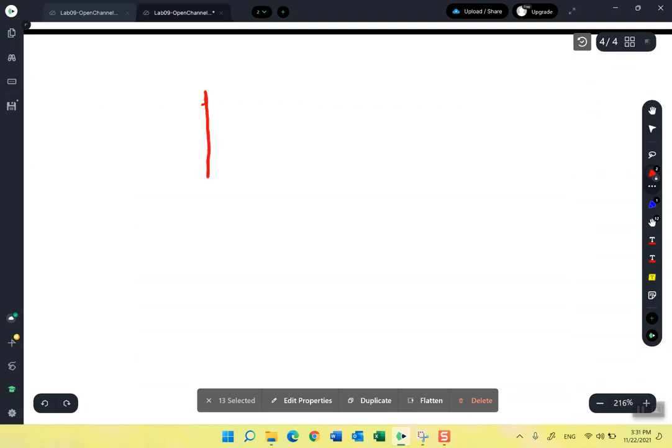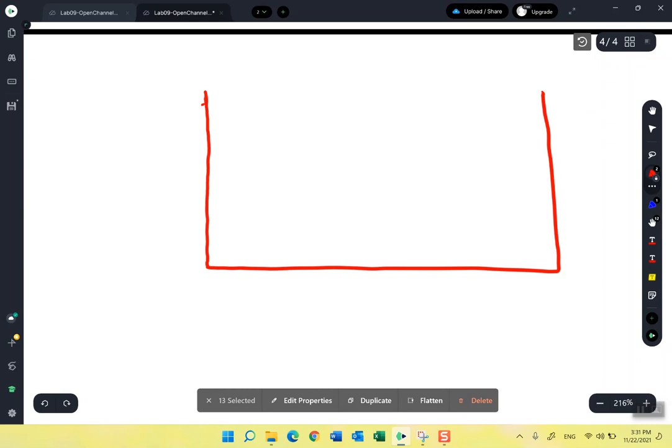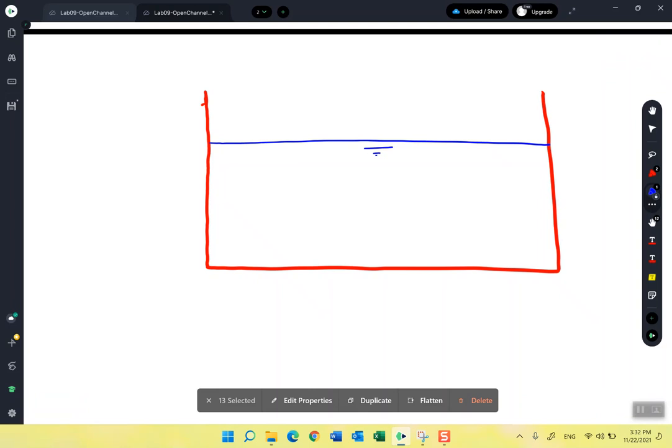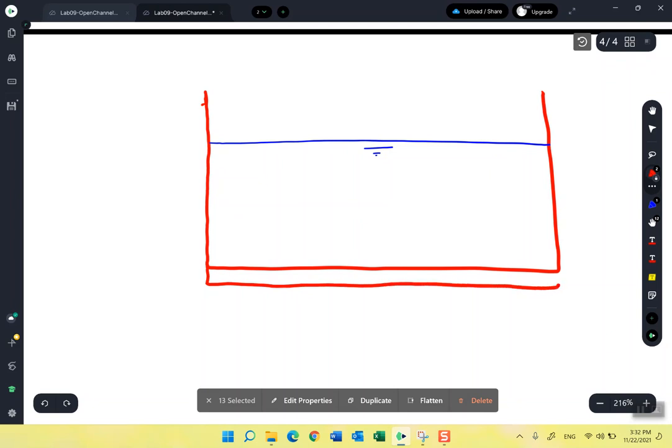Our flume is a very simple rectangular flume, and for a certain discharge, the water level will be in a certain position like that. The flume we are using is composite, which means that it consists of different materials.